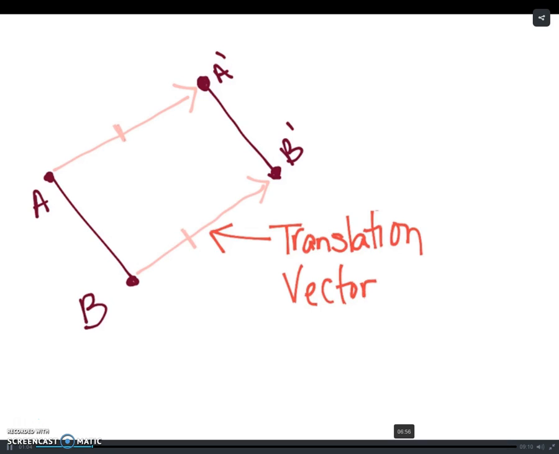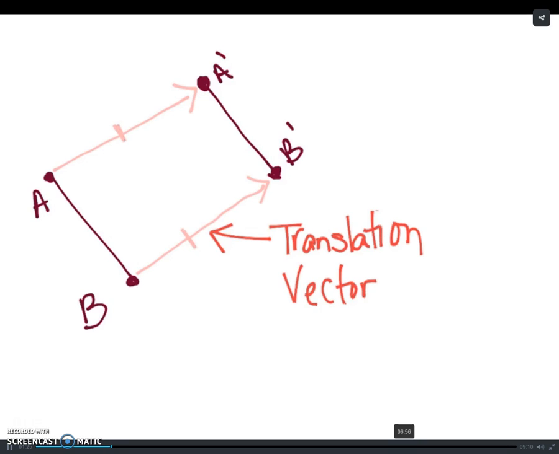And so that would mean, whatever this translation vector is up here, this translation vector has to be exactly the same thing. Also keep in mind that for our translations, your original figure, in this case line segment AB, called the pre-image, and the image, or the figure that's created from the translation, they have to be congruent figures. So you can't have one of them be longer than the other one.